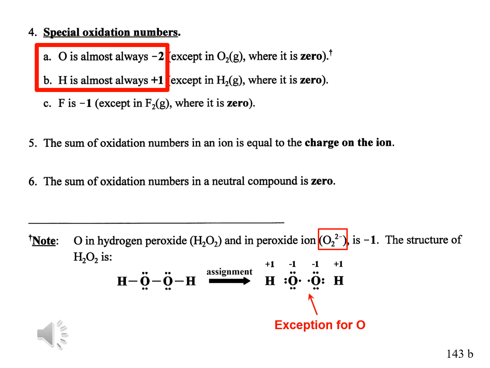But peroxide is one of those ions that always goes in pairs. It's like mercury 1. You always see O2 2-. See, the regular oxygen by itself is O2-.